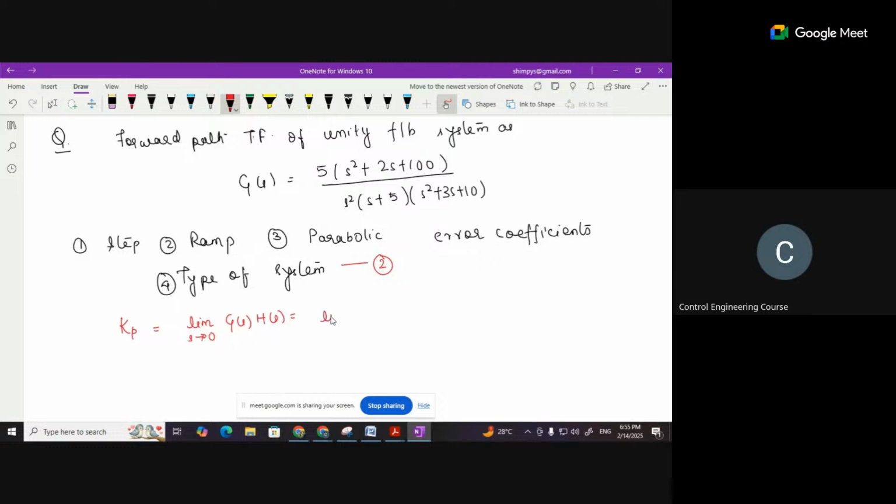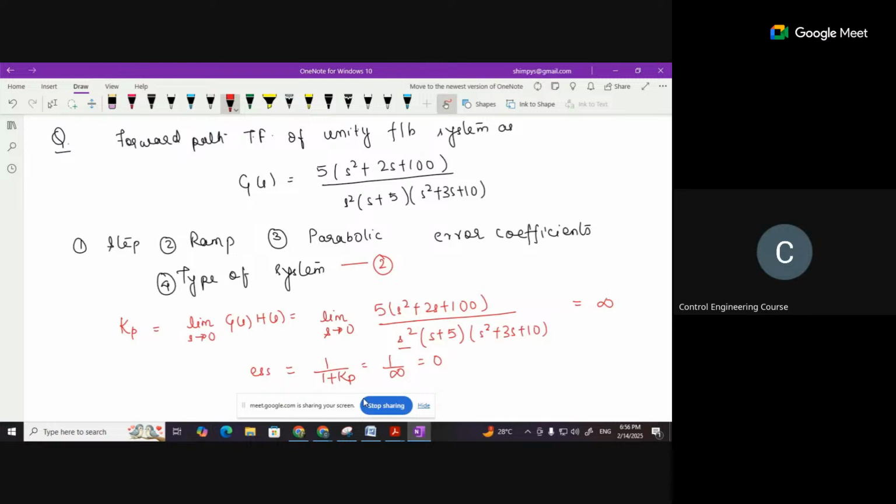G(s) I can write as 5(s^2 + 2s + 100) and in the denominator I have s^2 (s + 5)(s^2 + 3s + 10). So this tends towards infinity, right? And the steady state error for step is 1 divided by 1 plus Kp, and this is 1 by infinity. That comes out to be 0.